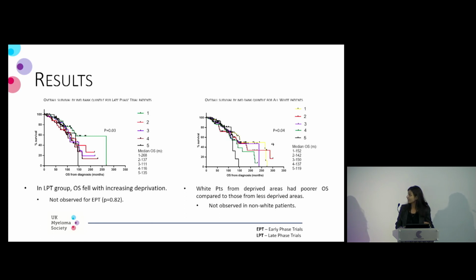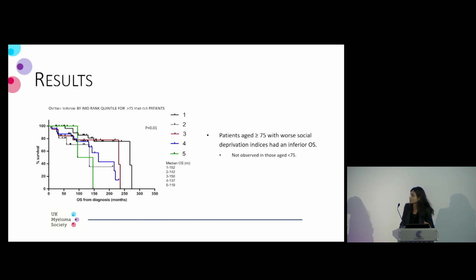Looking at the overall survival of white patients, we found that those in areas of higher social deprivation did much worse than those from areas of lower social deprivation, but we didn't observe this difference in the non-white patient groups. In patients aged over 75, social deprivation drastically reduced overall survival by about 11 years, whereas we didn't see this in the under-75 patient group.